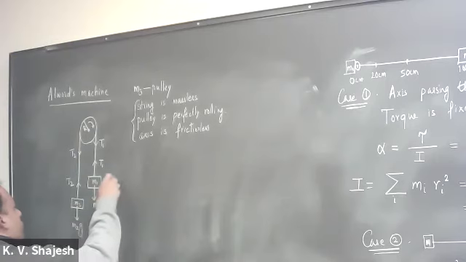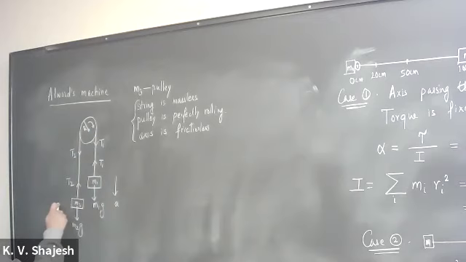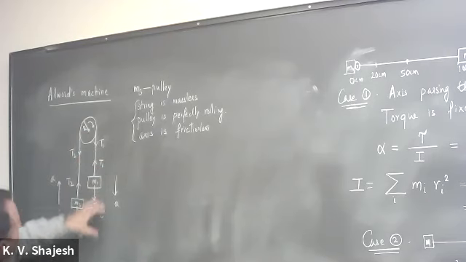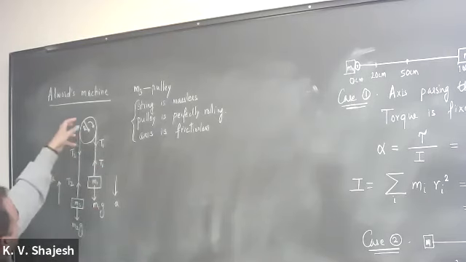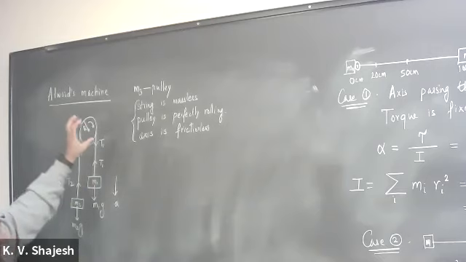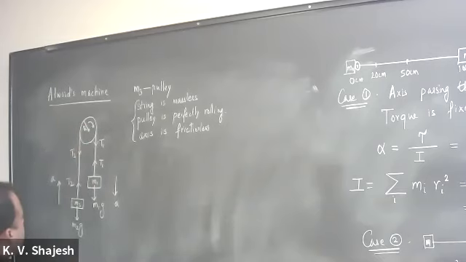So M1 is going to be accelerating down. That's A. And it's going to be the same acceleration that takes M2 upward, because these are constrained. This rope is not flexible, so however much M1 moves has to be the same as M2 moves. And with the same idea, how much M1 moves down or M2 moves up is related to how much the pulley rolls. This rotational motion of the pulley is not independent of the linear motion of M1 and M2.